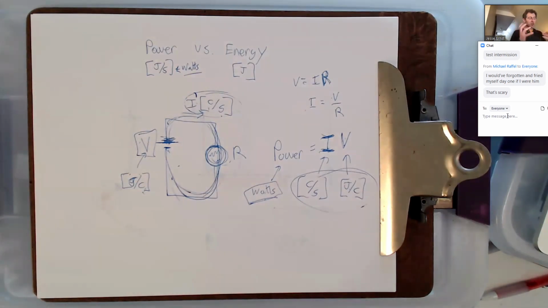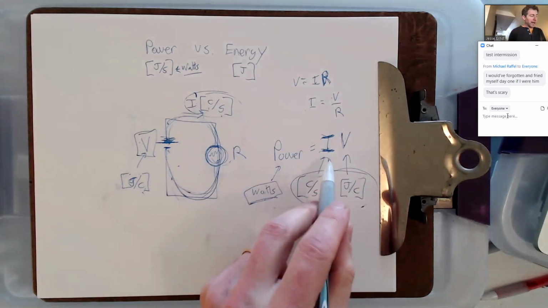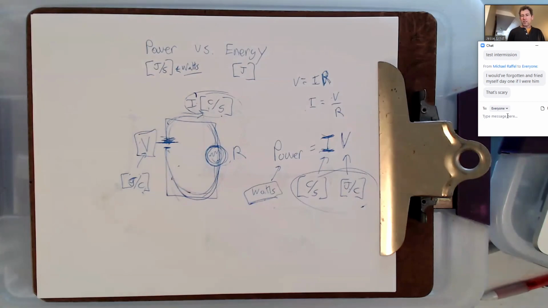It should also make common sense to you, in the same way that if someone's paying you $15 an hour and you work 4 hours, it's obviously $60. Yes, you can use units to do that, but make sure it also makes sense to you why it's that.